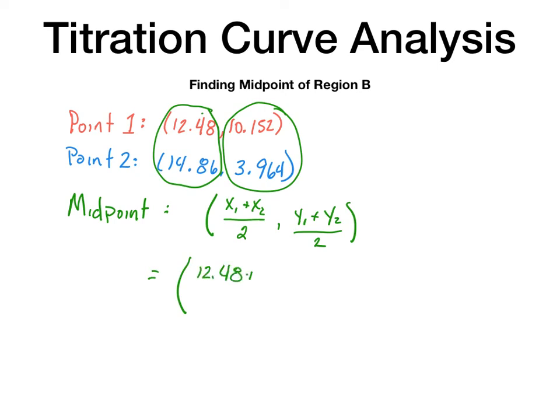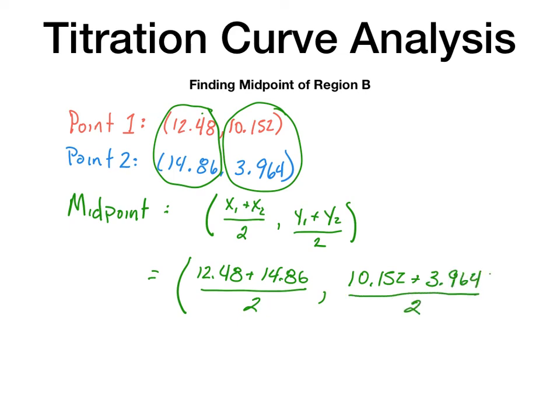12.48 plus 14.86 divided by 2, comma, 10.152 plus 3.964 divided by 2, which gives me the data point 13.67, comma, 7.058.